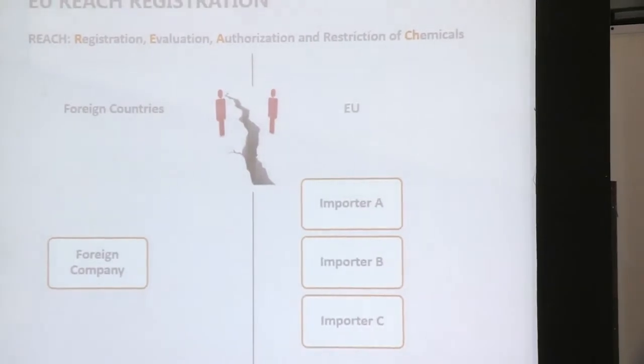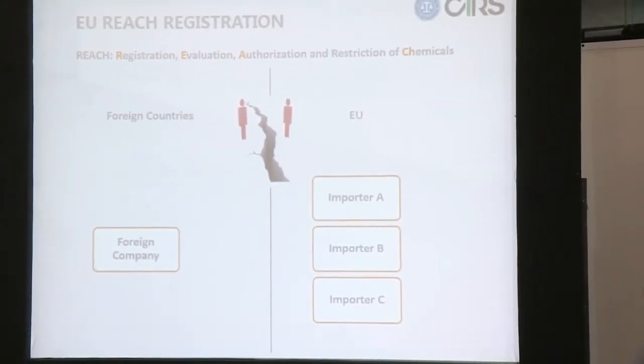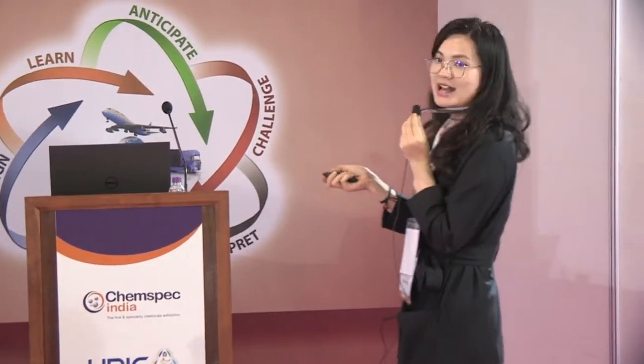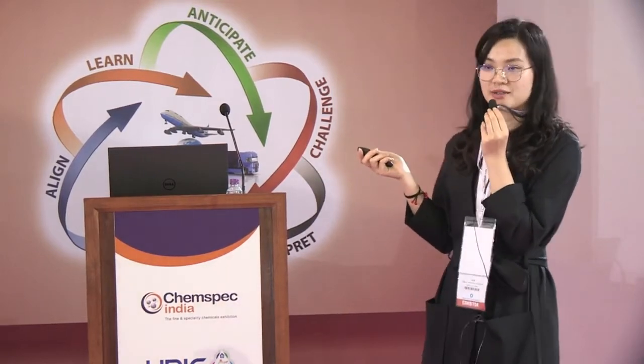So for example, say you're an Indian manufacturer and you want to export your products to Europe, to your EU importers, importer A, B, C. If importers A and B have fully registered this substance, while importer C has never done registration for this product before, in this case, you are able to export your products to importers A and B, who have already finished the registration for this product.